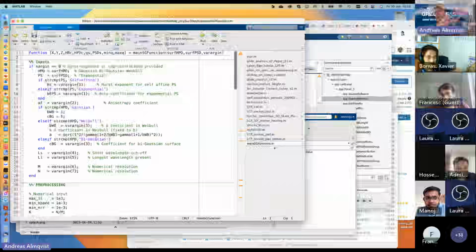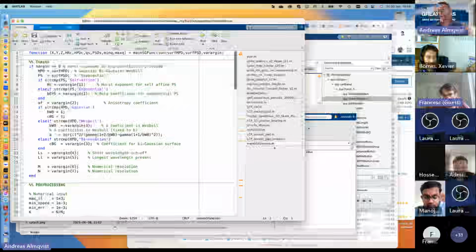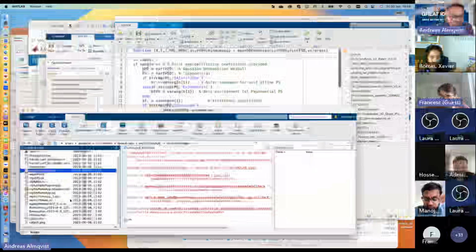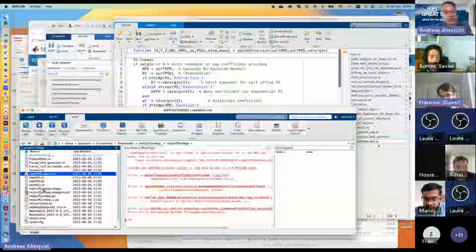So if you tailor this system, you can go to whatever type of device you have to record the topography of a surface, and then you can feed it in as input here, extract the height, because you have all the functions to extract what you need, the height probability and so on. So everything is here, and then you can start to generate surfaces exactly as you want.